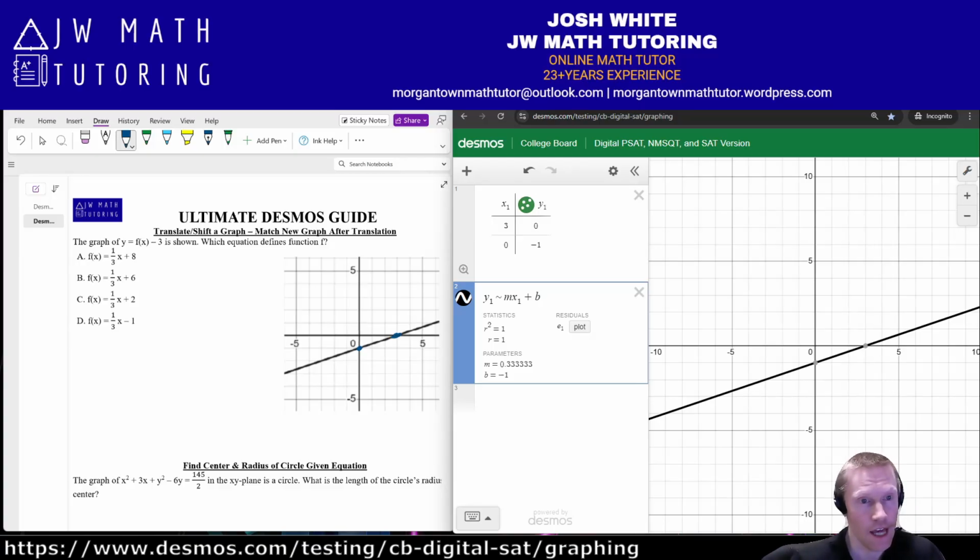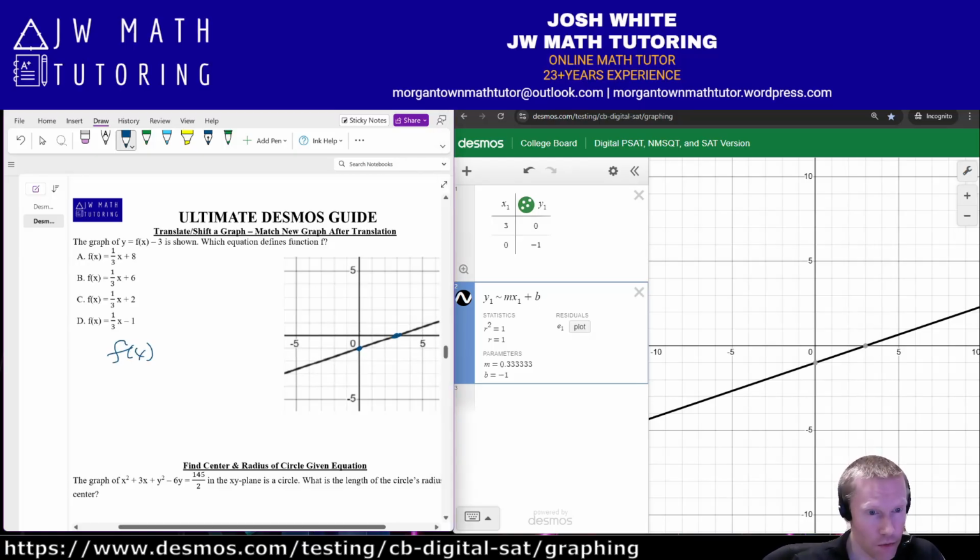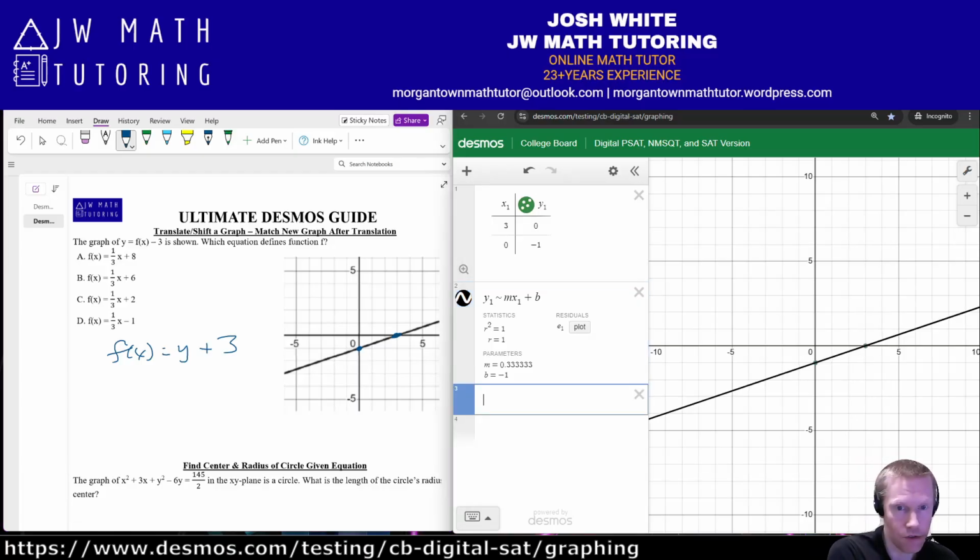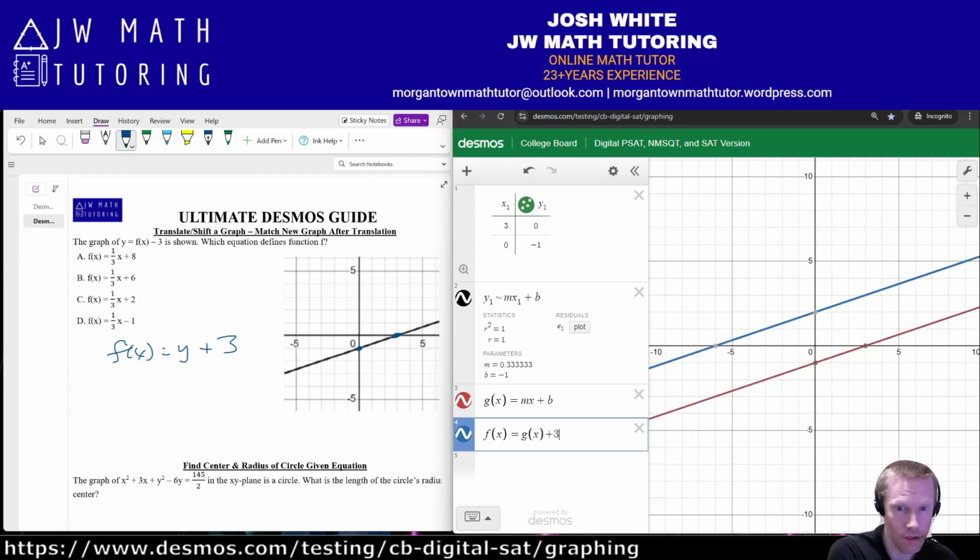So f of x is just going to be this given line, y, and then +3. There's multiple ways you could do this. You could say g of x equals mx plus b, and then f of x, which is what we're trying to find, is just g of x + 3.